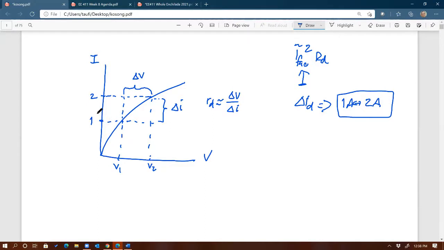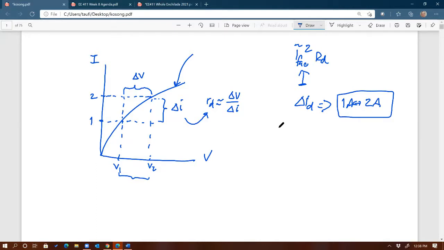From there you get the minimum and maximum current on the diode, and you get the 2 points corresponding to the IV curve. From those 2 points you get the voltages and delta V, from the min and max current you get delta I, and then you get the dynamic resistance by dividing delta V by delta I.